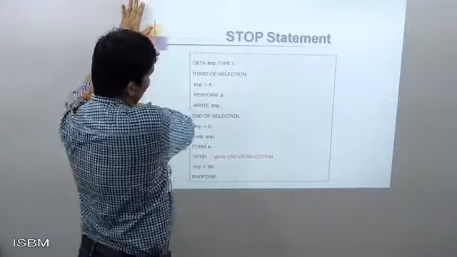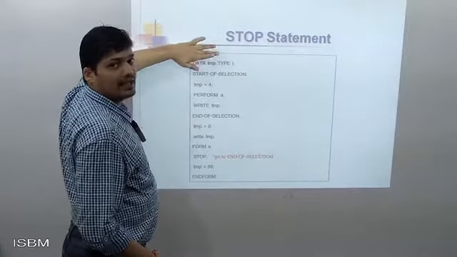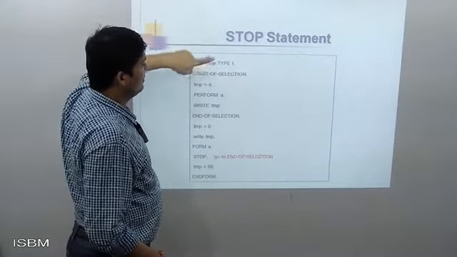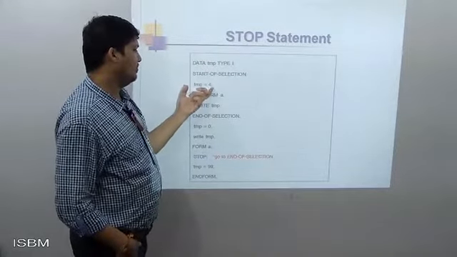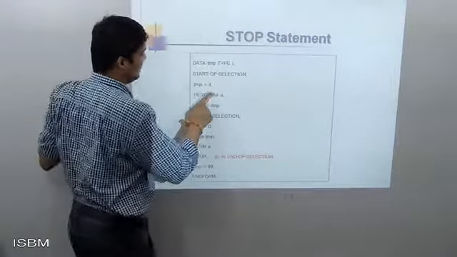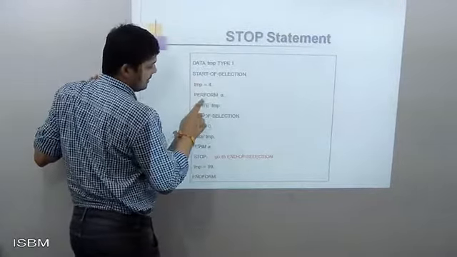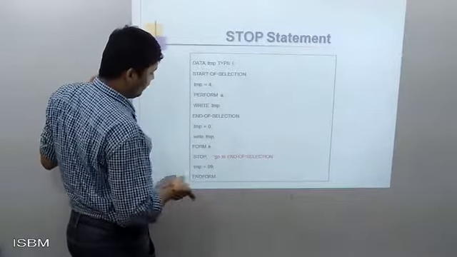You can see the same thing here. I have declared one data, type I, which is num, 1. In the start of selection, I have put the value 4 in the temporary variable TMP. Then I have PERFORM A. When you double click, it opens a form.